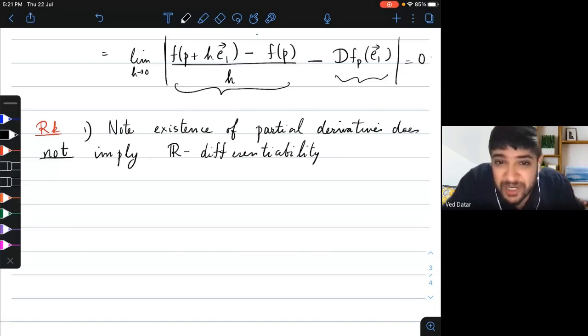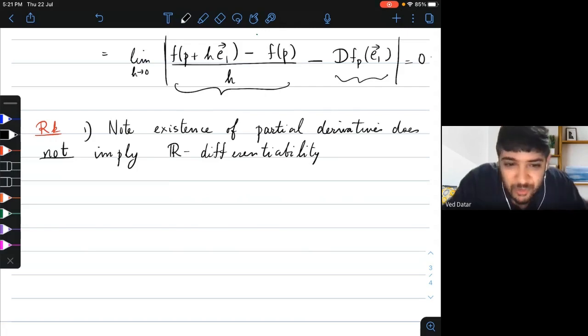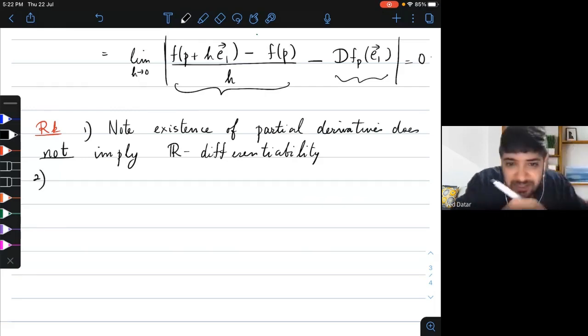Just because partial derivatives exist, that does not mean that your function is differentiable. If you haven't seen this before, I urge you to give a Google search and you will find many counterexamples. Take this as a reading exercise.